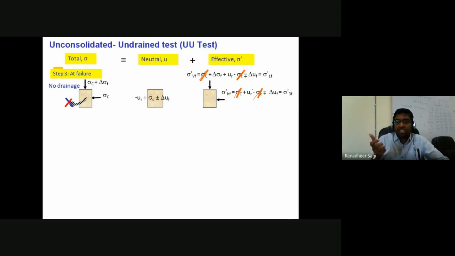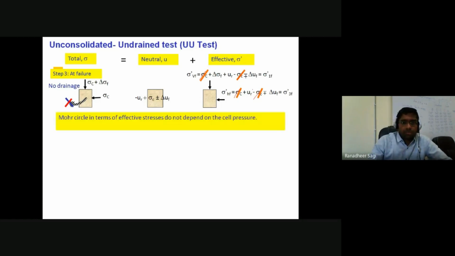You will be seeing only a single effective state of stress Mohr circle being visible. For that single Mohr circle, how do we define the failure plane? We define the failure plane to be passing through your maximum shear stress, obviously. So it's going to be a horizontal failure plane, what we'll be defining in such case.